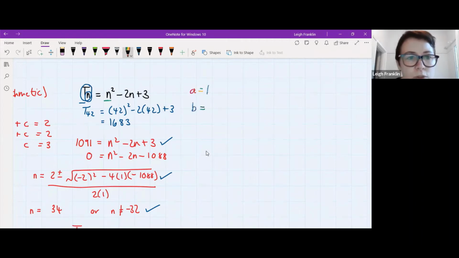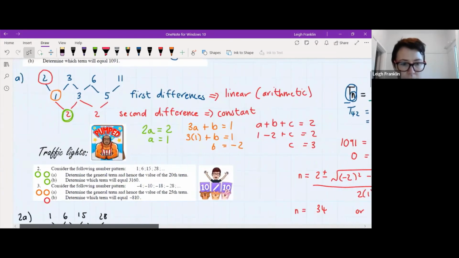B would be equal to -2, the coefficient of the n term. And C is always the constant on its own, so C would be equal to 3. Does that make sense, September? Yes, thank you.